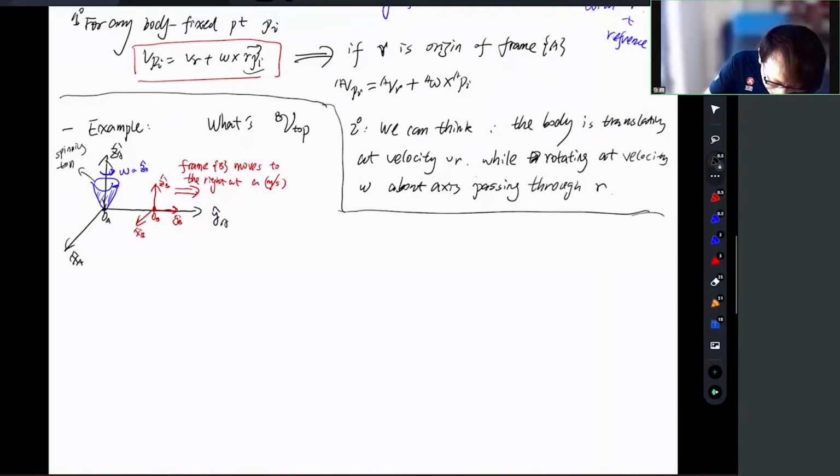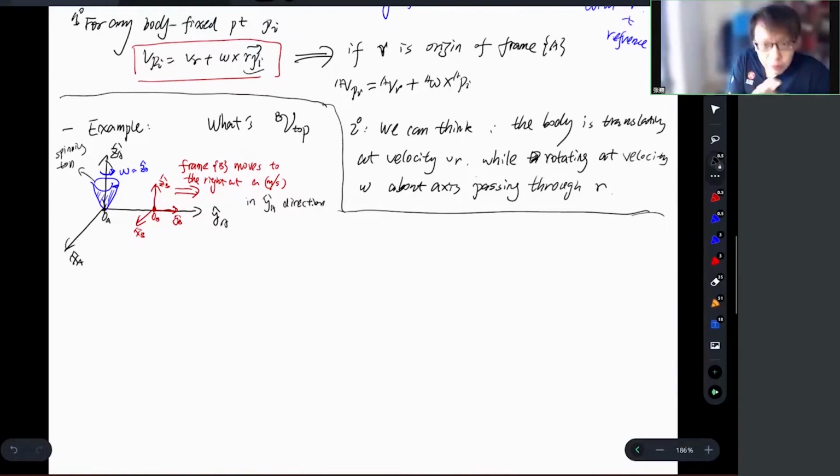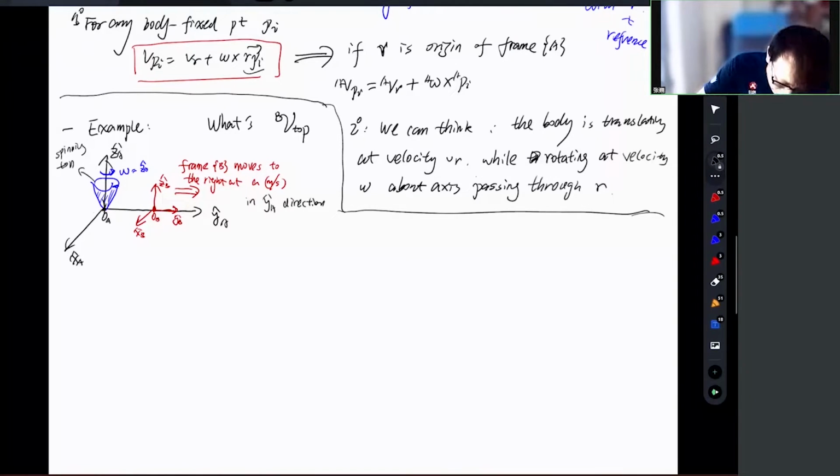And let's pick another frame, frame B. Let's assume the frame B moves to the right, that means in YA hat direction. The frame is moving to the right, but this motion is not really related to the spinning top motion. They're uncorrelated, all right? So now I'm asking, what is the twist of the body in frame B? Okay, that's the question.